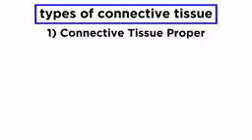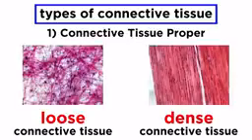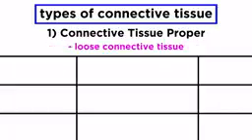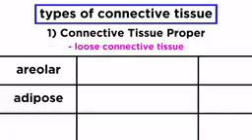Now that we have some general information down, let's look at each type of connective tissue a little more closely. First, connective tissue proper. This can be either loose connective tissue or dense connective tissue. These categories each have three subcategories as well. Loose connective tissue can be areolar, adipose, or reticular.